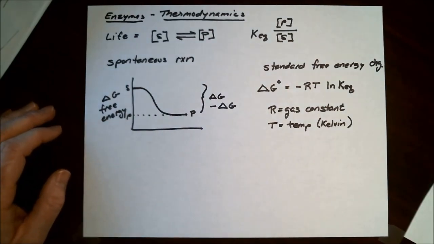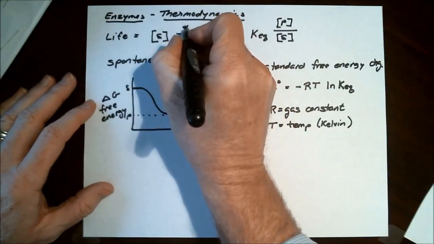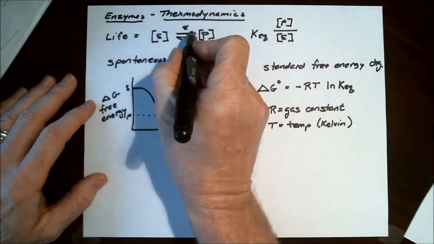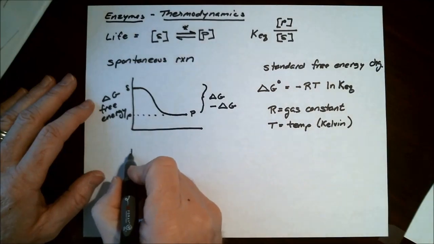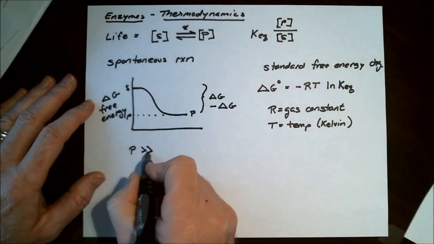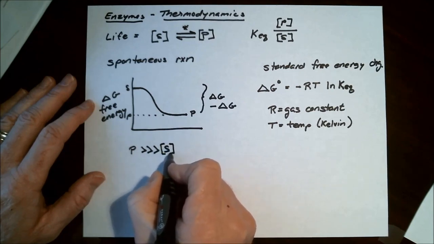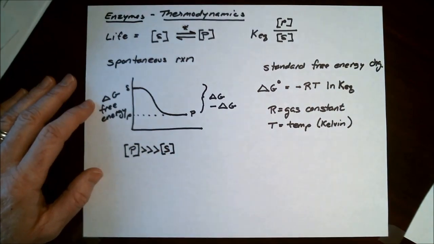Now let's take a look at this reaction with the situation of a spontaneous reaction, where the forward reaction is moving very rapidly. That means that our product concentration is going to be much, much greater than our substrate concentration in a spontaneous reaction, because the substrate is converting into product very rapidly.